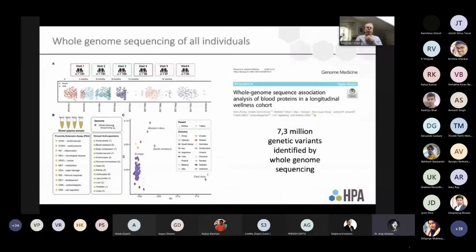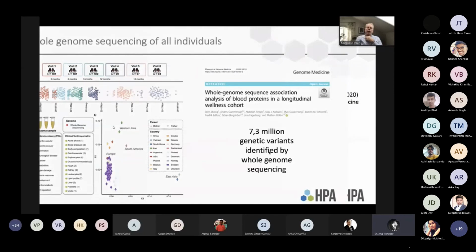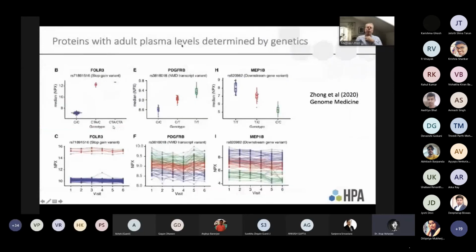We've also been doing whole genome sequencing of this, so we can compare the genetic variants of these individuals with the plasma profiling levels. And it is then interesting to see that some proteins are completely determined by genetics. So you have, for example, this famous receptor PDGF.